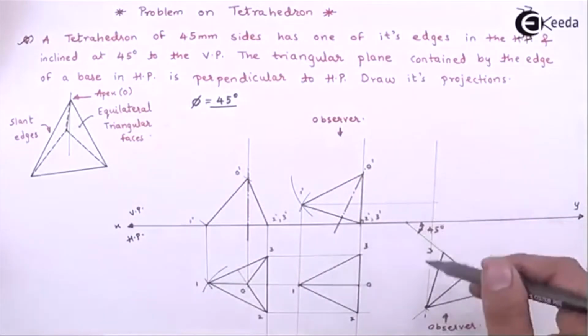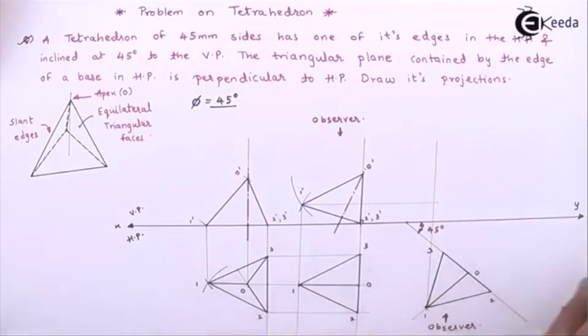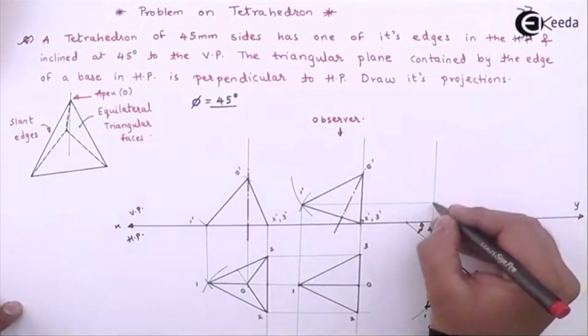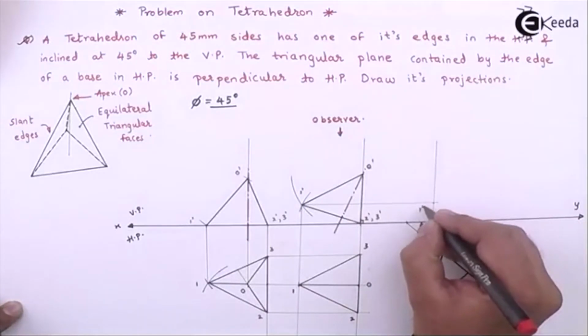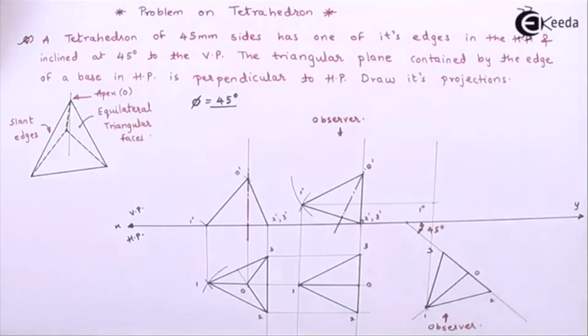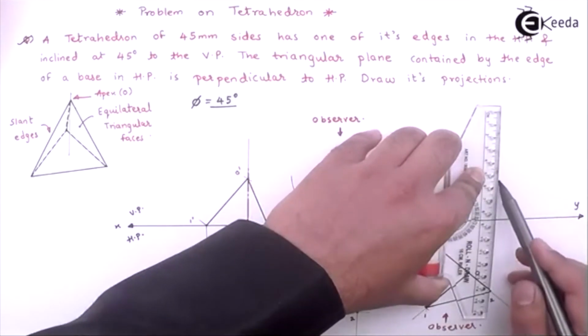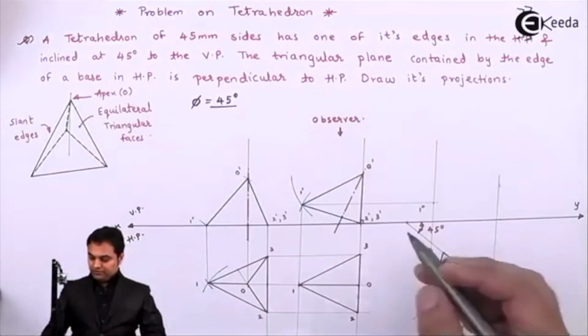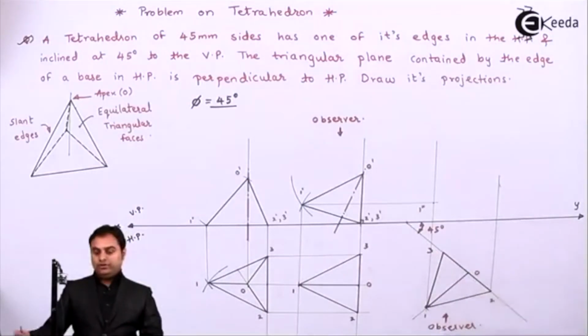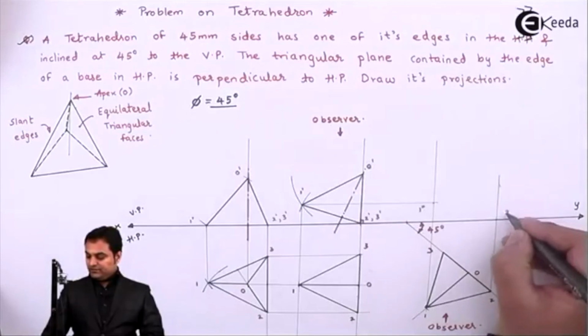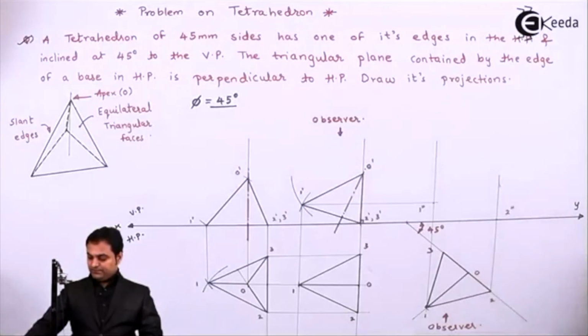So point 1 from the top view, 1 dash from the front view. Wherever they intersect, that gives me point 1 double dash. Next, point 2. So here if we see 2 dash and 2, wherever they intersect, that gives me the point 2 double dash.